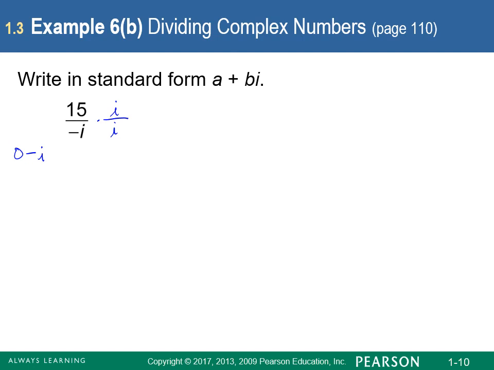So, when we multiply the top, that would be a 15i. When we multiply the bottom, that's a negative i times a positive i, which is a negative i squared. And again, it gets a little tricky here. The i squared is negative 1, but we still have the negative on the front. And the negative and the negative make a positive, which means we come out with just a 15i.